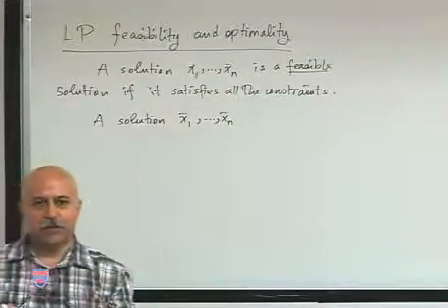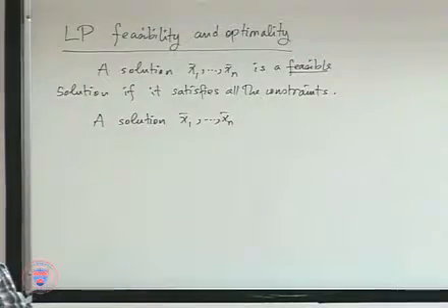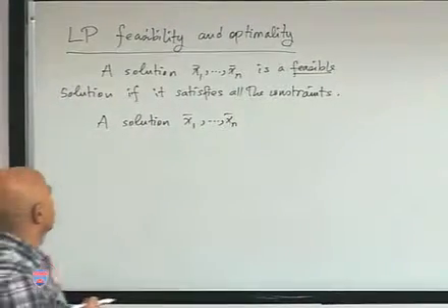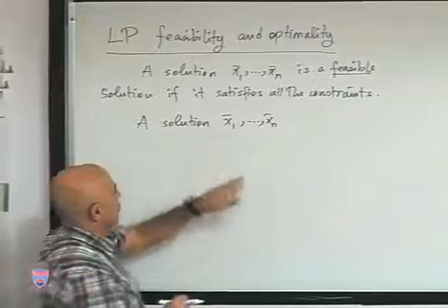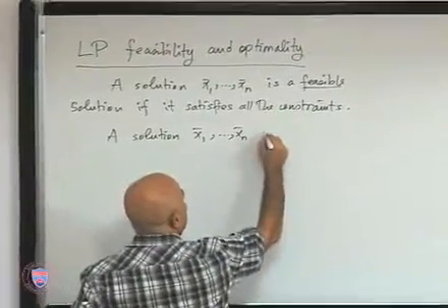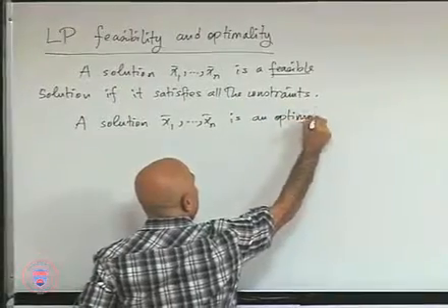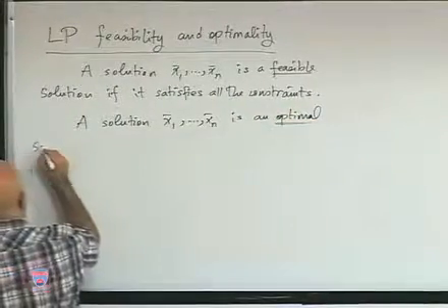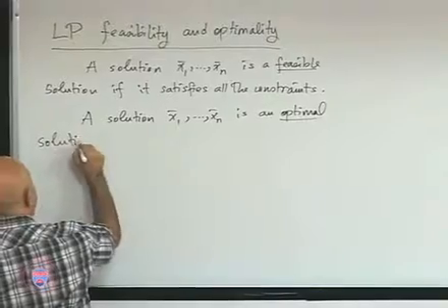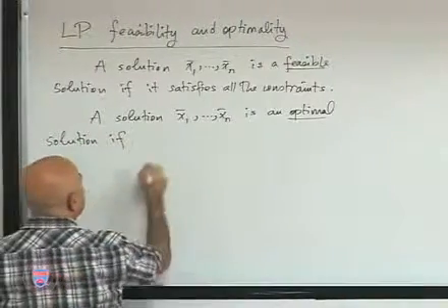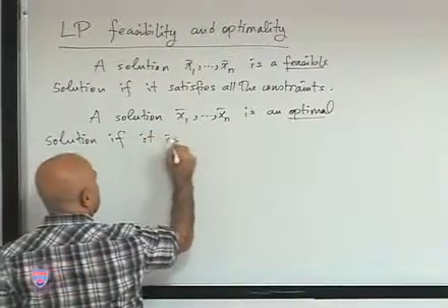We've got specific numerical values assigned to each of the variables. So a solution x1 bar through xn bar is an optimal solution if it is feasible.